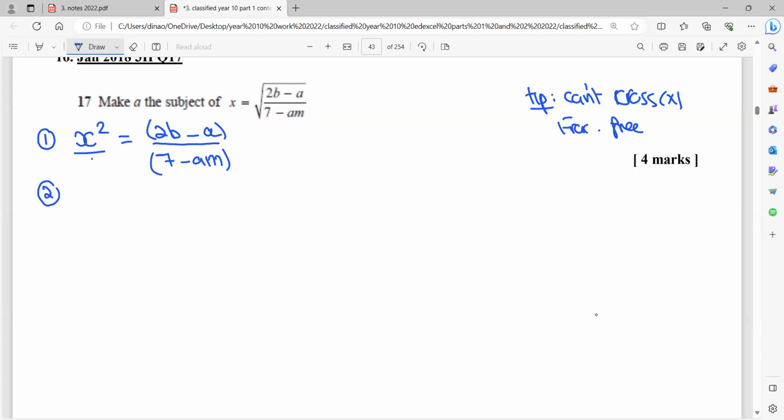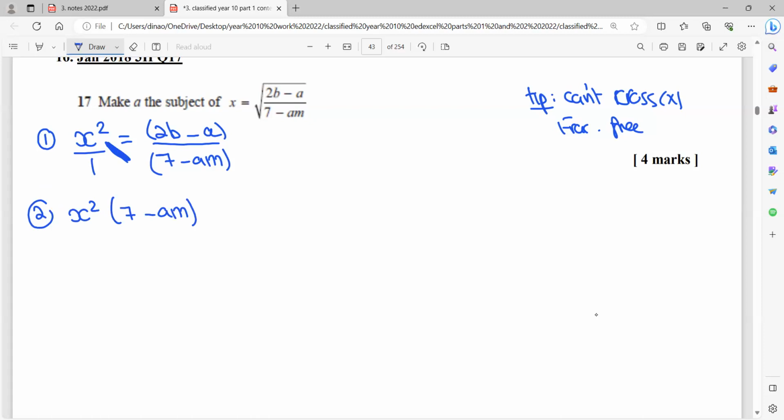Step number 2: fraction equal fraction, and anything over 1 could be written as a fraction. Please remember that you always cross multiply. And how do I cross multiply in algebra? These two multiply together, so x squared multiplied by this denominator.